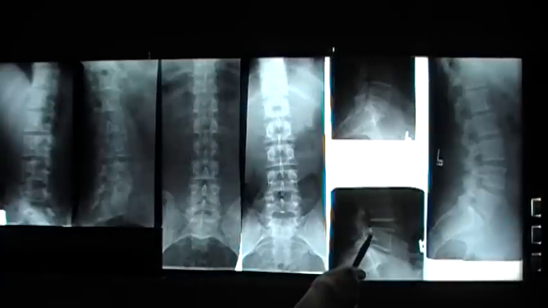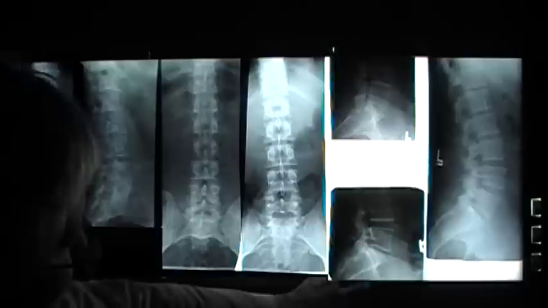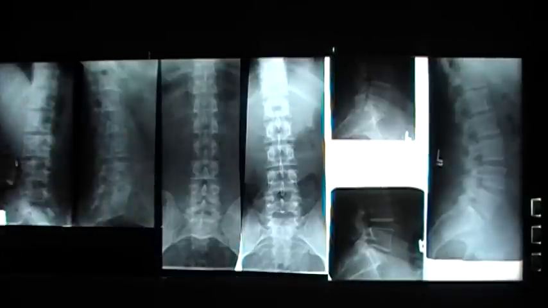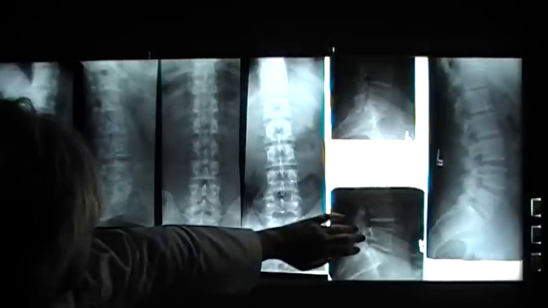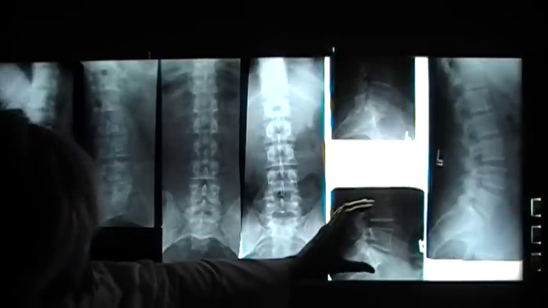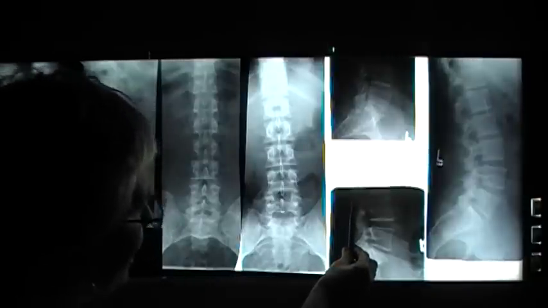Alright, these are our L5-S1 spots. One of these is good and one is not. This is our better image. The reason is we can see the intervertebral disc space at L5-S1, and that's what the radiologist wants to see. So make sure you can see the posterior elements too, because some people like to collimate real tight and it's real easy to cut off this back portion.